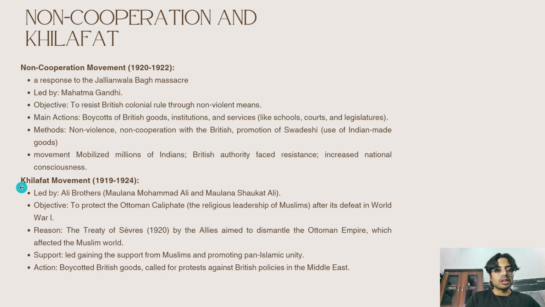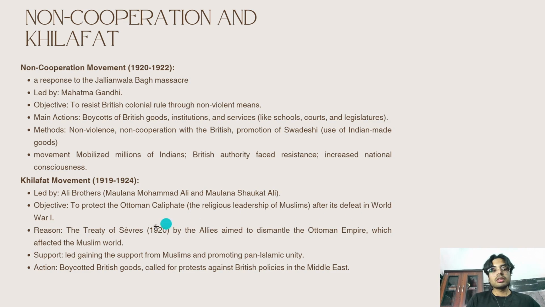Now, the Khilafat movement took place in 1919. It was introduced and led by Ali brothers, Maulana Muhammad Ali and Maulana Shaukat Ali. The whole objective of Khilafat movement was to protect the Ottoman Caliphate. Now, the Ottoman Caliphate was the religious leadership of Muslims.